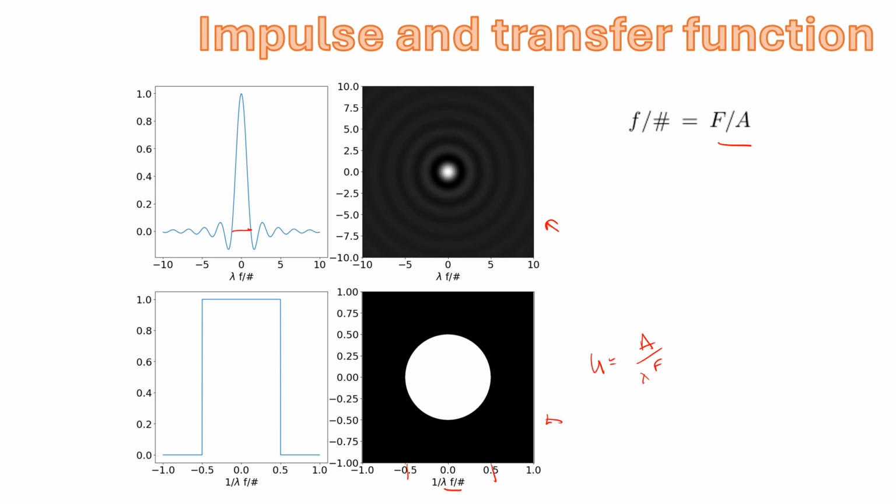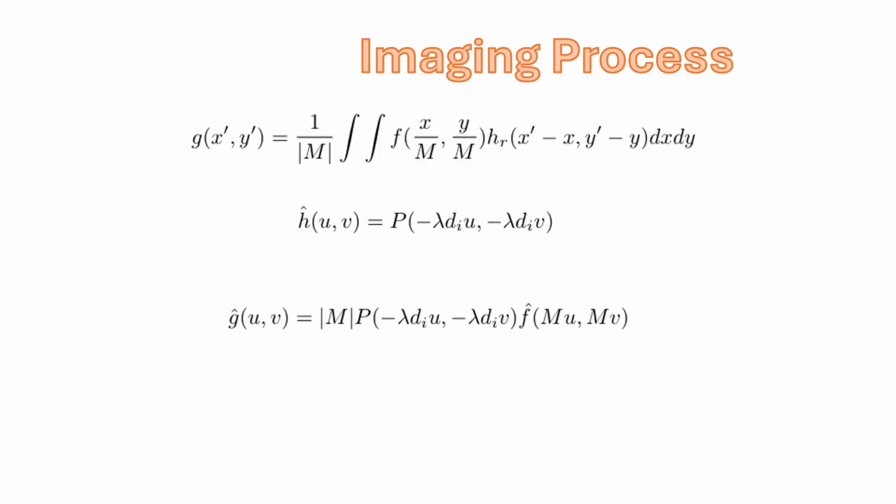So if we go back to our impulse response analysis, we find that if we consider just this coherent impulse response, the Fourier transform of the pupil function, the field that we measure in the output plane of an imaging system is the convolution of the impulse response with the magnified version of the object, and that the transfer function is proportional to the pupil function evaluated spatially at the spatial frequency of the system times lambda di, where di is typically going to be close to the focal length.